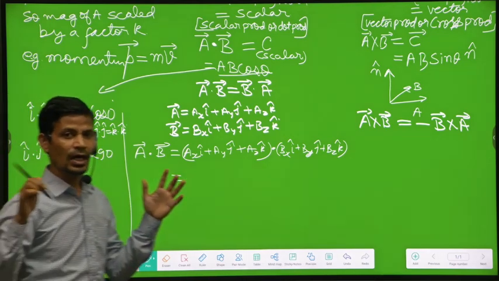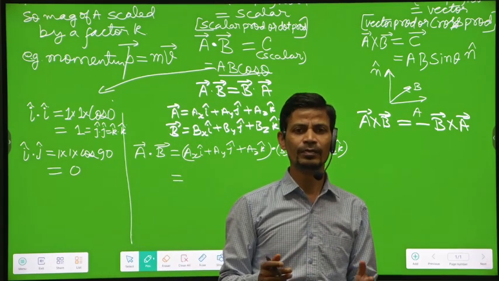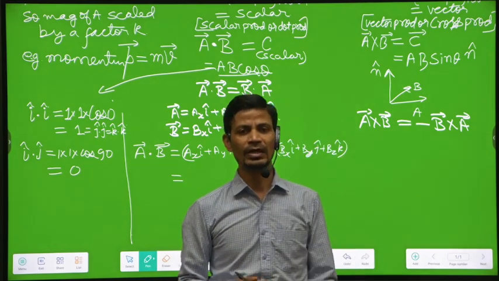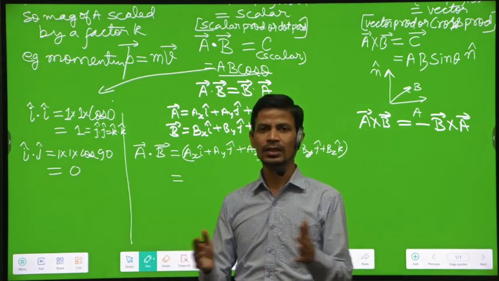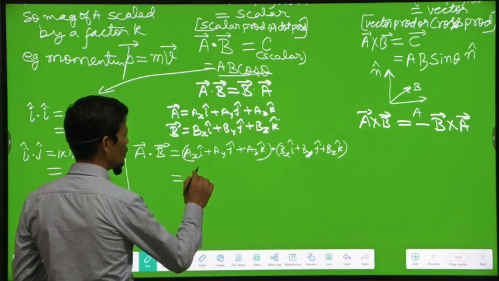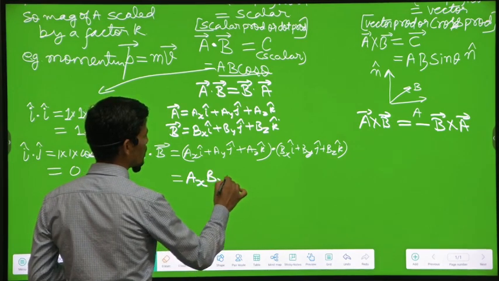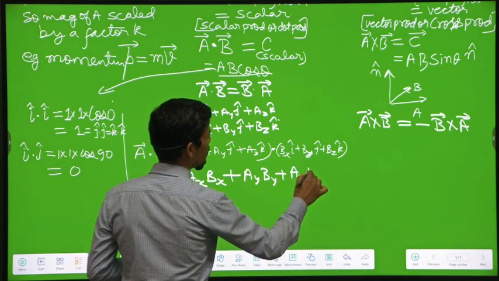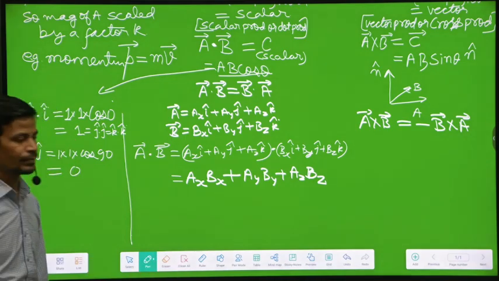So i dot i, j dot j, k dot k will get scalarly multiplied and give value 1, whereas i dot j, which are distinct, will vanish. So straightforward, we need not bother about it. We can directly write ax bx plus ay by plus az bz. Straight away we can do this. All right.